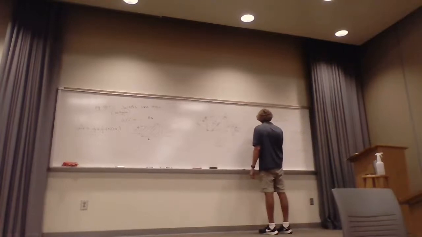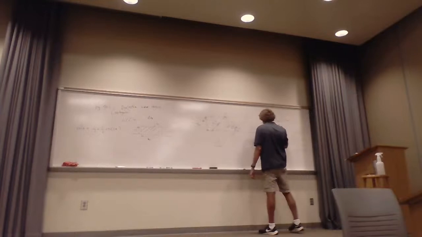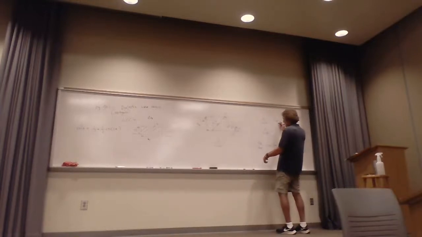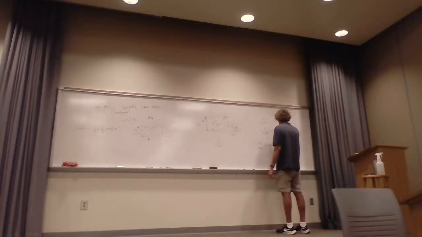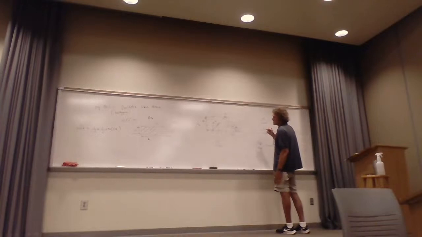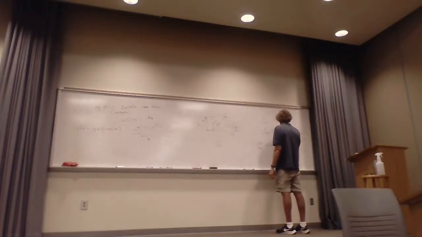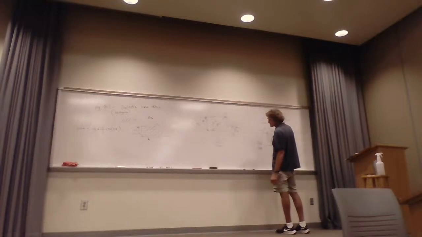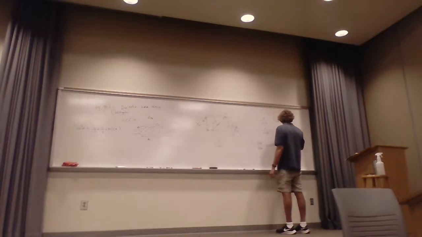I have A over cosine of theta plus, and then I have L A B, which is A over cosine of theta, and then cosine of 2 theta right there is going to be 2 cosine squared minus 1.